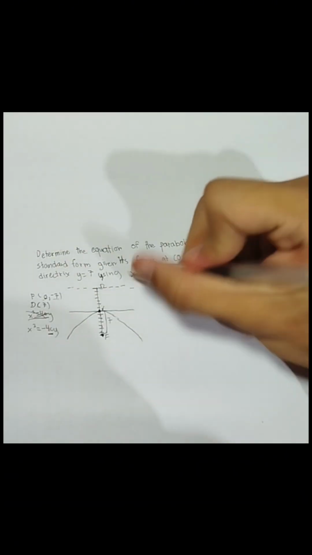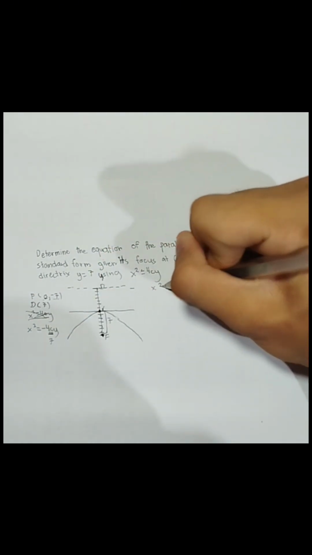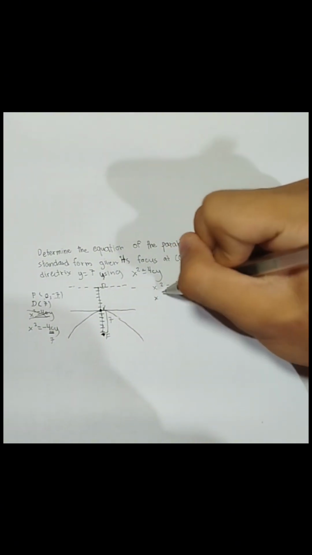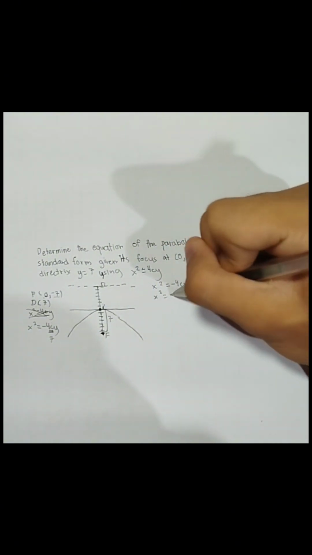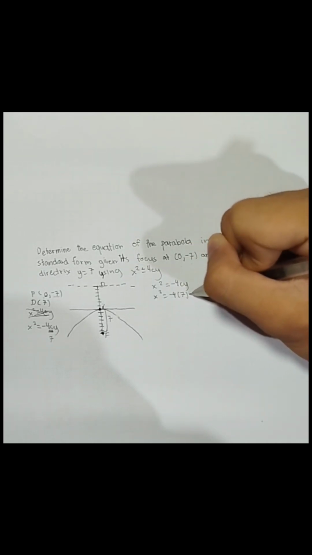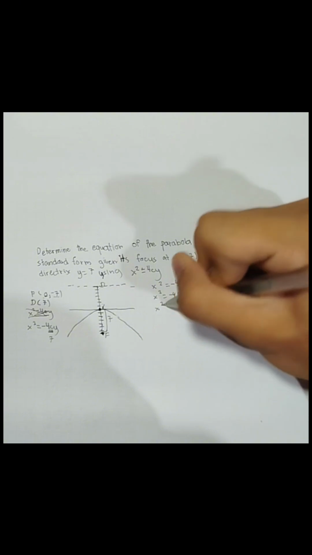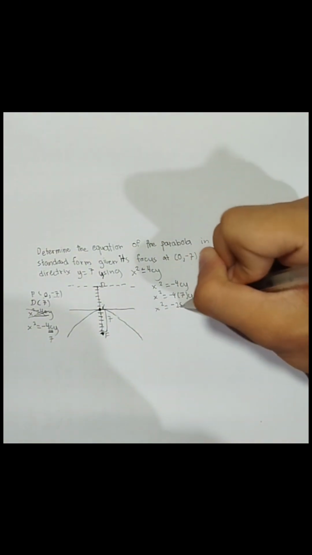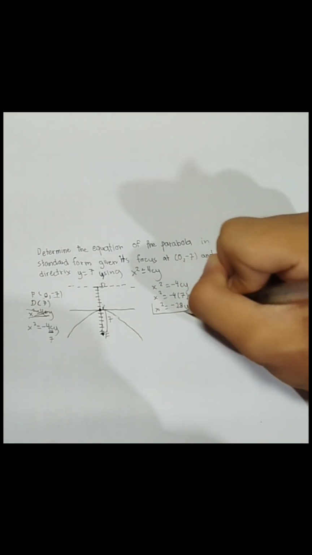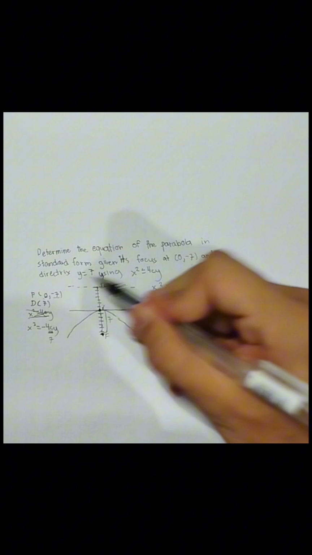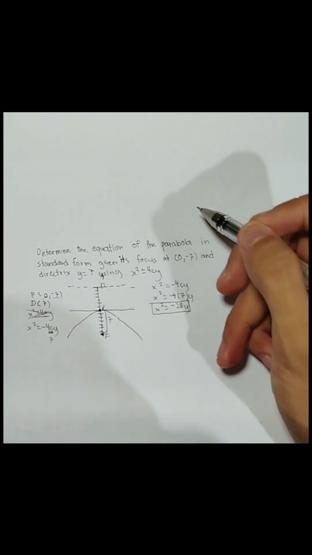So if we substitute c for 7, we will get the equation x squared equals -28y. So that will be our standard form. And that is how you solve if you are given the directrix and focus.